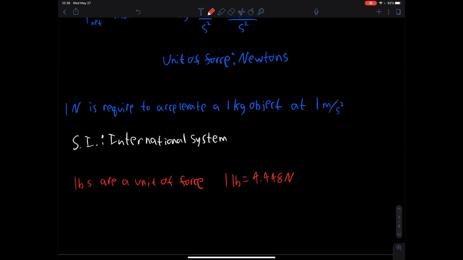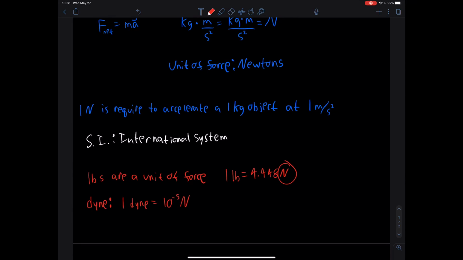A dyne is an extremely small measurement of force used in very small systems. 1 dyne is about 10 to the negative 5th newtons, about 1/100,000th of a newton. So just like with length or time, we can measure this in different ways. But for our purposes, when we're converting units and trying to get everything down to a basic system, we're most often going to use the newton.